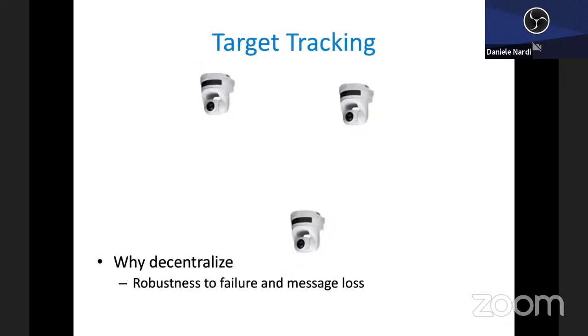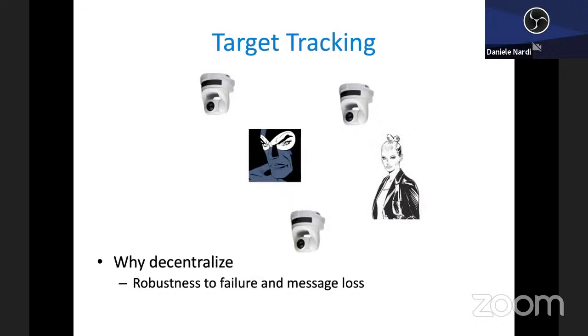Okay, local. So here is the target tracking model as a distributed constraint optimization. We have the two targets of our system, and then the system can have 2 views per camera.